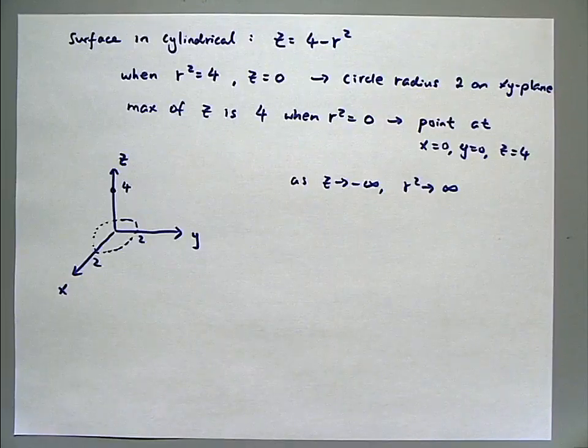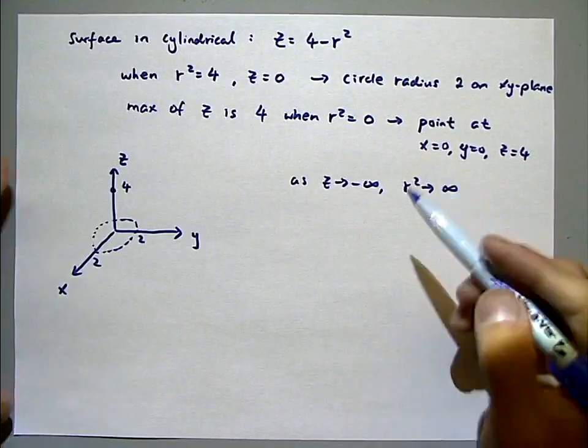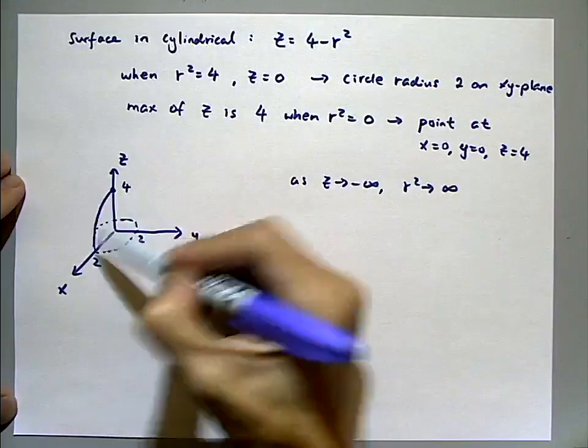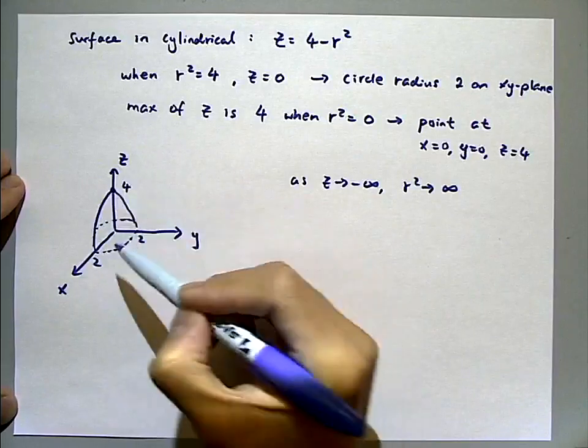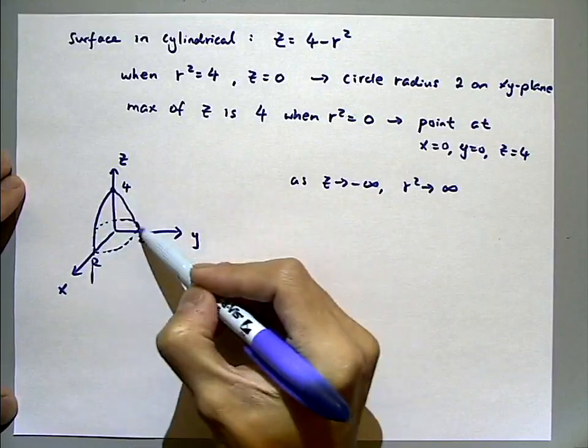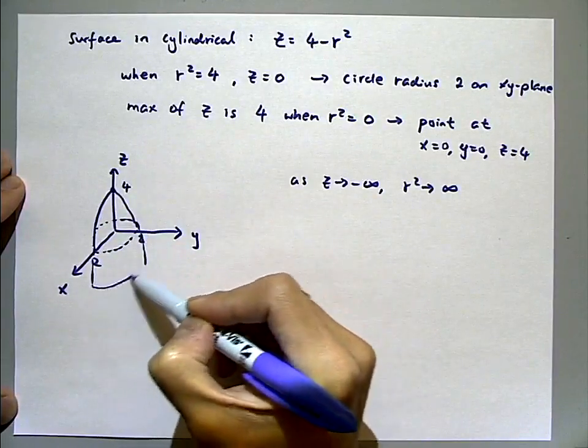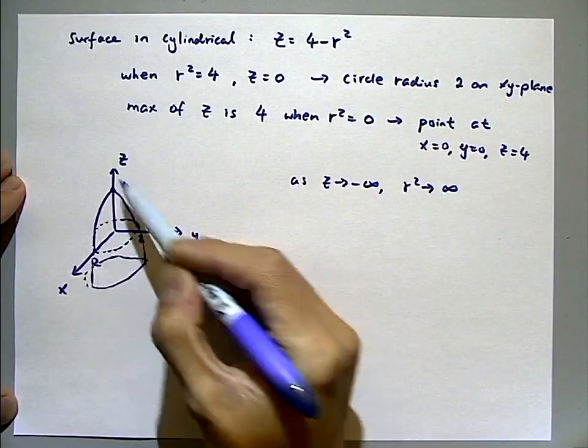Cross sections are circles, and it opens down. What's this? Paraboloid. Yep. This is our paraboloid that opens down like that.